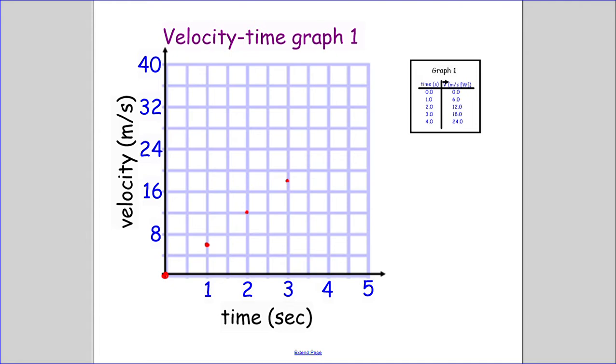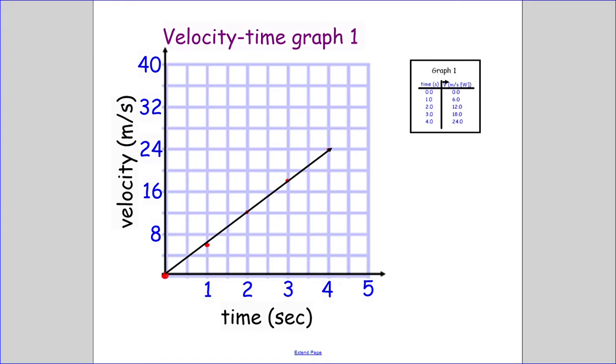And then at 4 seconds, I'm up to 24, and so right there. And so if I were to connect this together and draw a line going through these points, I should hopefully see this straight line start to pass through everything, and really give me a sense of where these are.